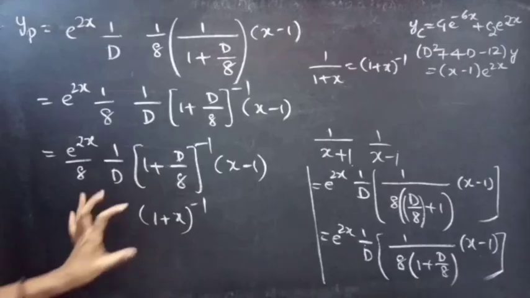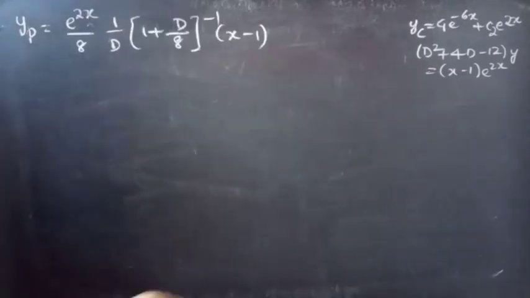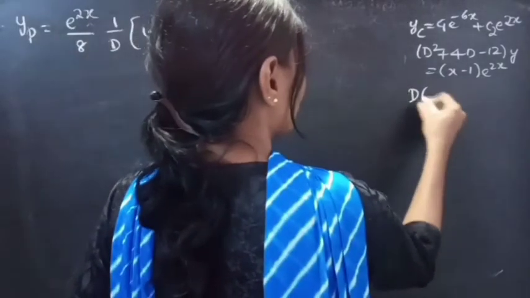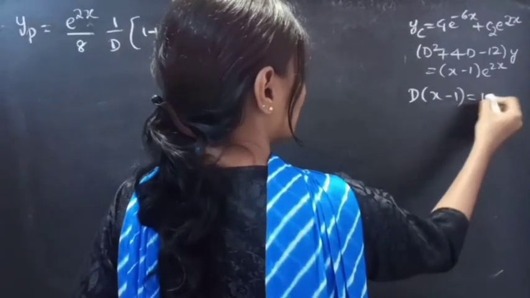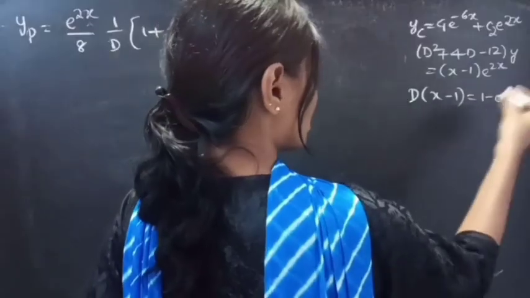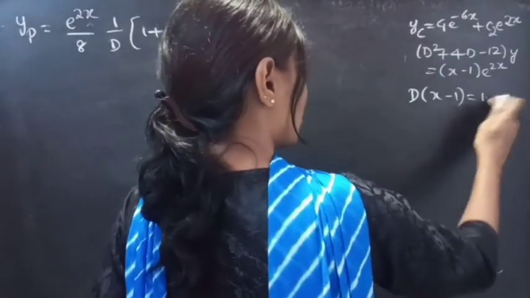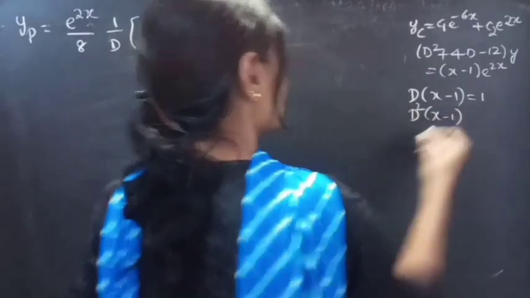So before going to the expansion, we'll find the derivatives of x minus 1. Okay. Derivative of x minus 1 is, derivative of x with respect to x is 1 minus derivative of 1 with respect to x is 0, right? Since 1 is a constant. So 1 minus 0 is 1. Now find D square of x minus 1.